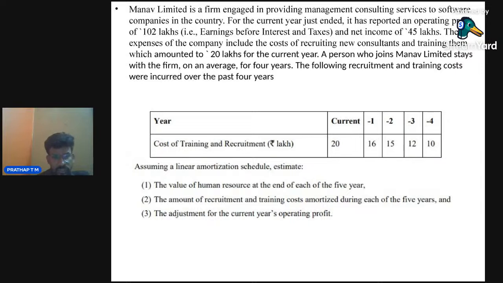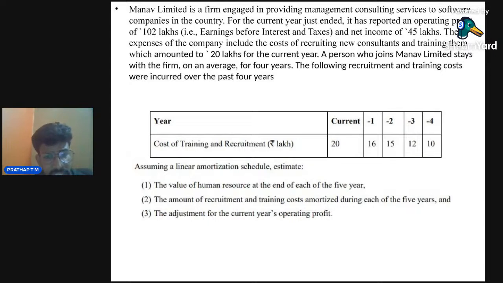Based on that, we have to determine the total value of the human resources in your company. You have to assume the value of the human resources at the end of each of the 5 years, and the recruitment and training cost amortized during each of the 5 years.